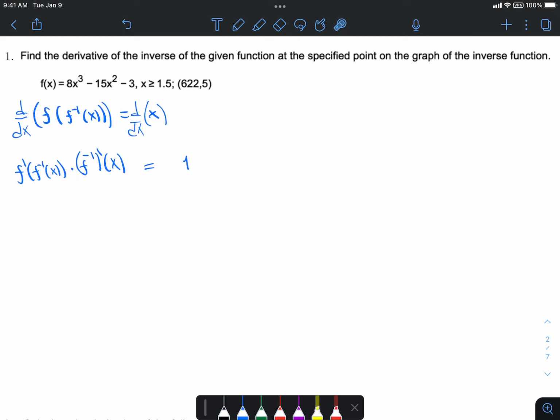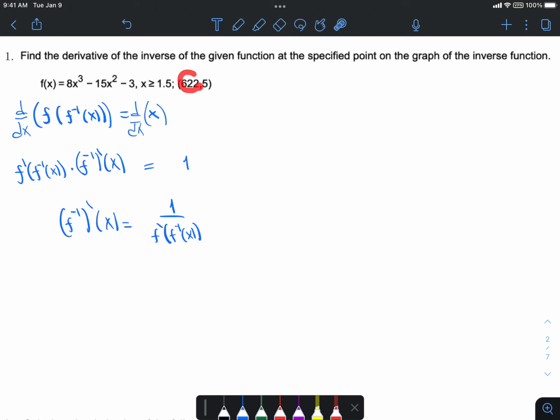Okay, so this here, the derivative of the inverse, is exactly what we want. So that means f inverse prime of x is 1 over f prime of the inverse applied on x.